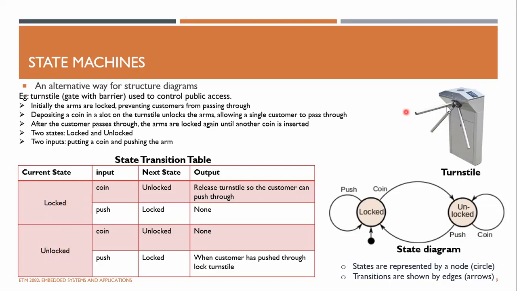Once you are in the locked state, we have inputs, outputs and the next state. When the turnstile is locked, if you add a coin as the input, it should be unlocked. So your input is coin, and the output is to release this turnstile so the customer can pass through, and the next state will be unlocked.